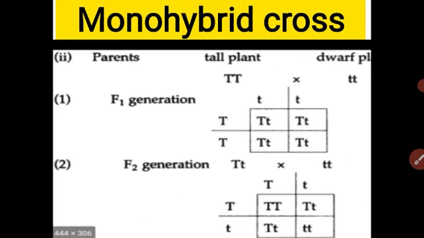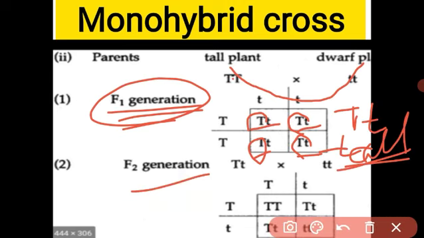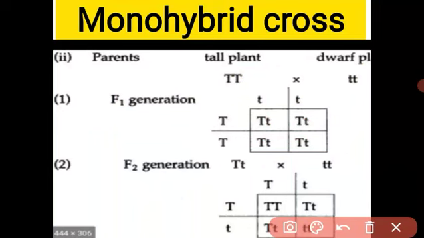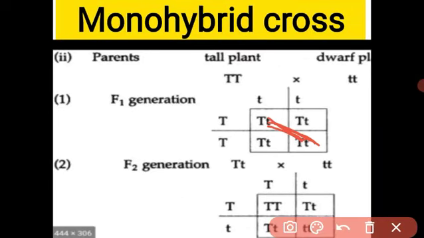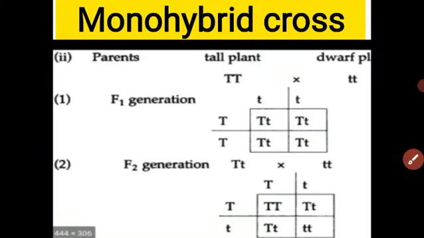Then in the F2 generation, Mendel took two of these and crossed them, capital T, small t with capital T, small t. And what happened? He observed the result: capital T capital T, capital T small t, capital T small t, and small t small t. This is the result of the F2 generation.